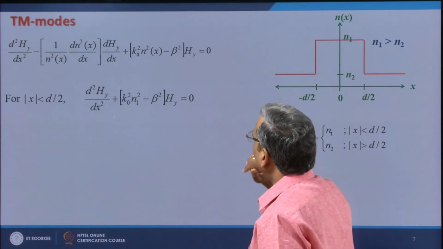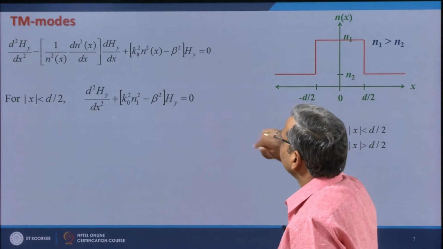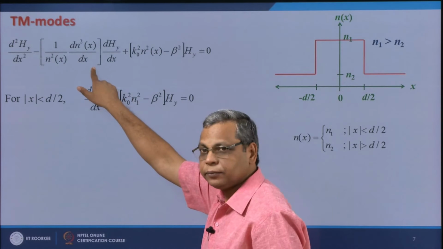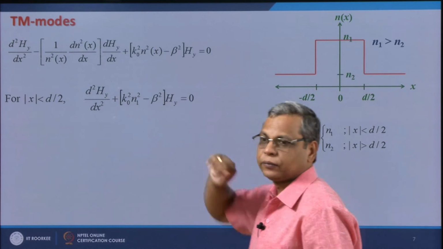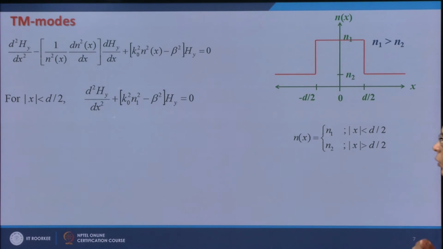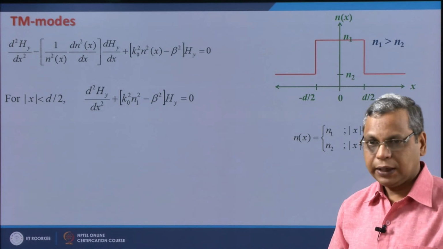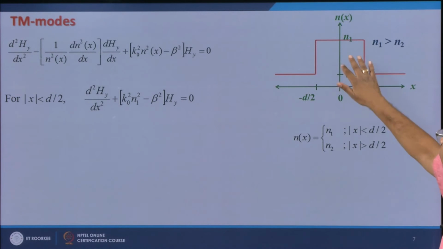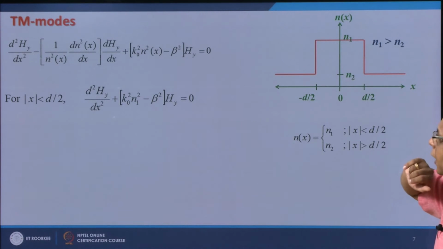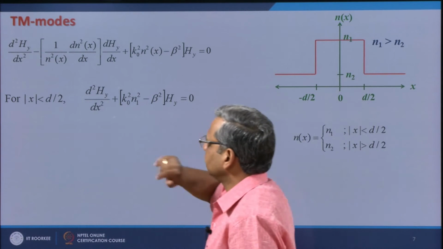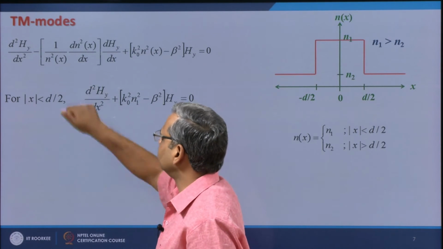Why? Although I have this term in general for a variation n square of x, when I write this equation in the individual regions of a step index waveguide, the refractive index is uniform, so this term goes off.